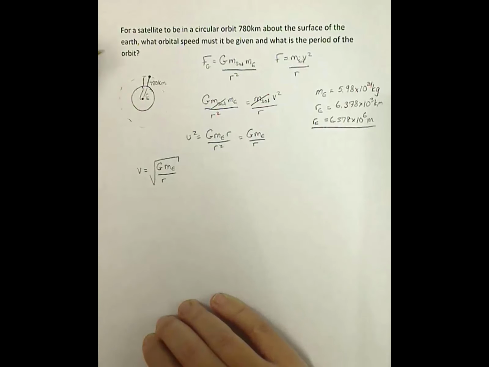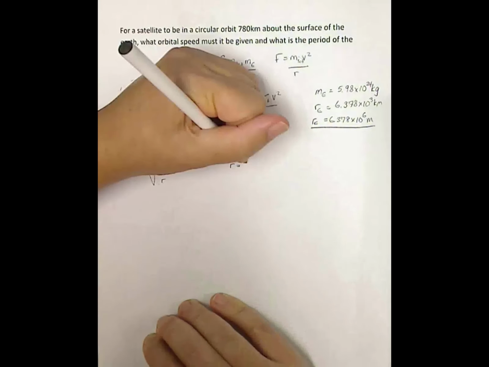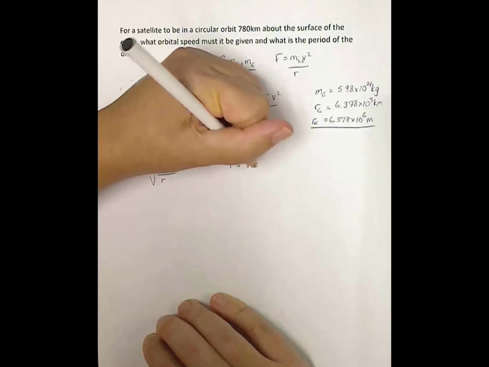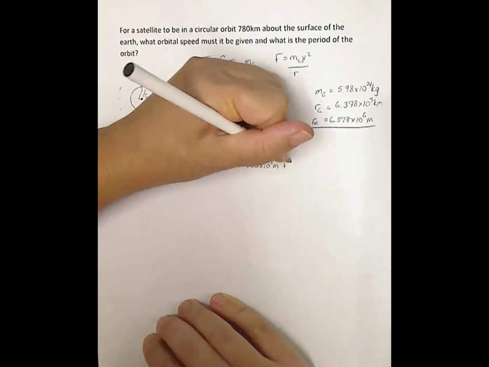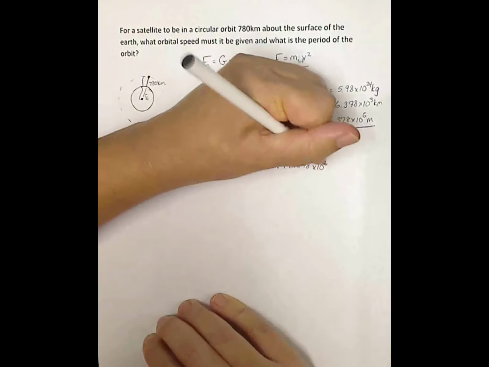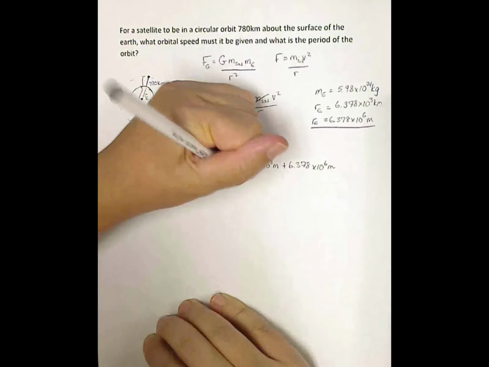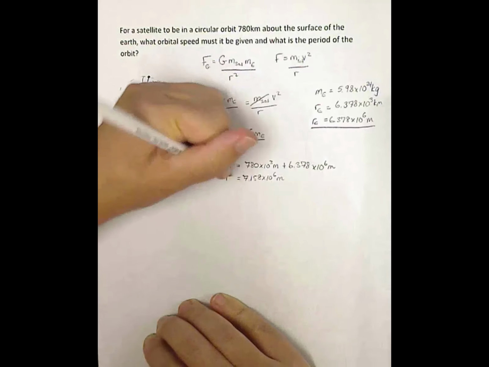Okay, so we know the mass of the Earth, we know G, we've got to figure out what R is. So R is equal to 780 kilometers, so 780 times 10 to the 3 meters, plus the radius of the Earth, 6.378 times 10 to the 6 meters, and I get 7.158 times 10 to the 6 meters is the radius of the orbit.